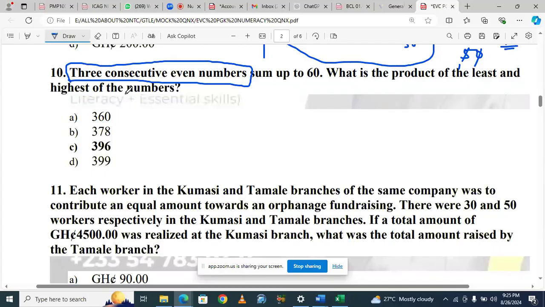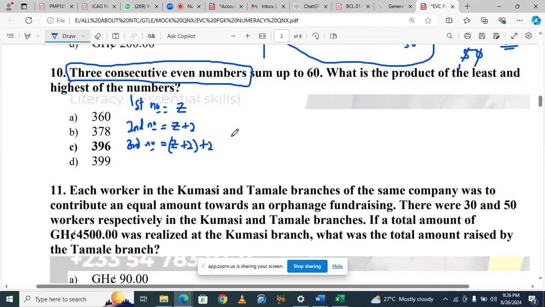So then I'll call this one the first number, second number, and third number. So the first number is, let's say, Z. The second number will be what? Z plus 2. The third number will be what? Z plus 4. Plus 4. So Z plus 2 plus 2.